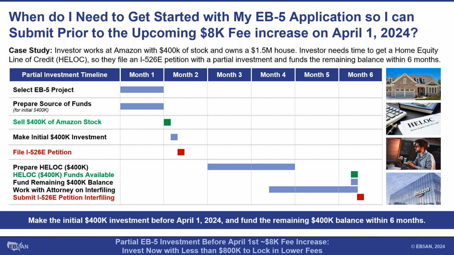It depends on what we put in the original I-526E petition. Now, is there something inherently wrong with changing your mind on where the source is? No. But if we went into great depth to explain the mortgage and how it was secured and what the subsequent HELOC would look like, but then now we're completely changing what that source and path of funds looks like, then there is more weakness attached to the case.